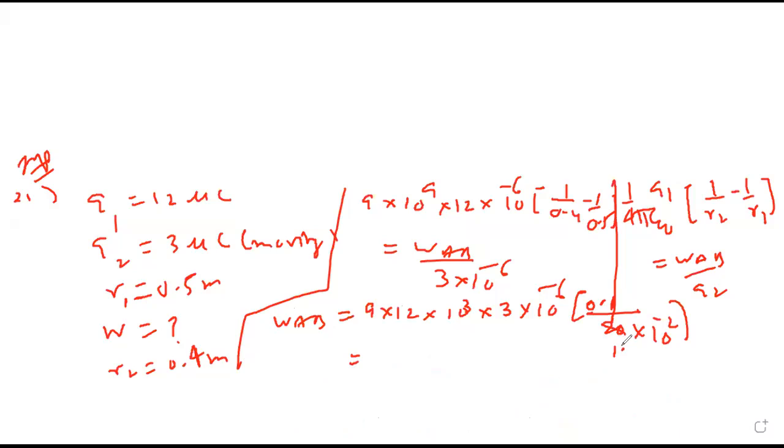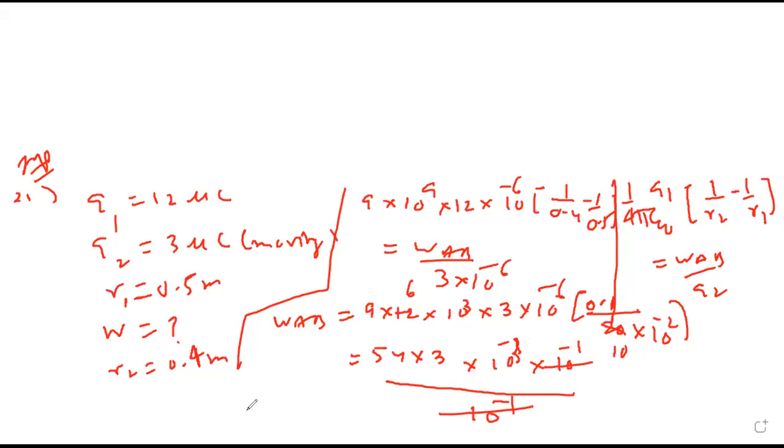So 9 into 6 is 54, into 3, into 10 raised to minus 3, into 10 raised to minus 1 upon 10 into 10 raised to minus 2, which is 10 raised to minus 1.